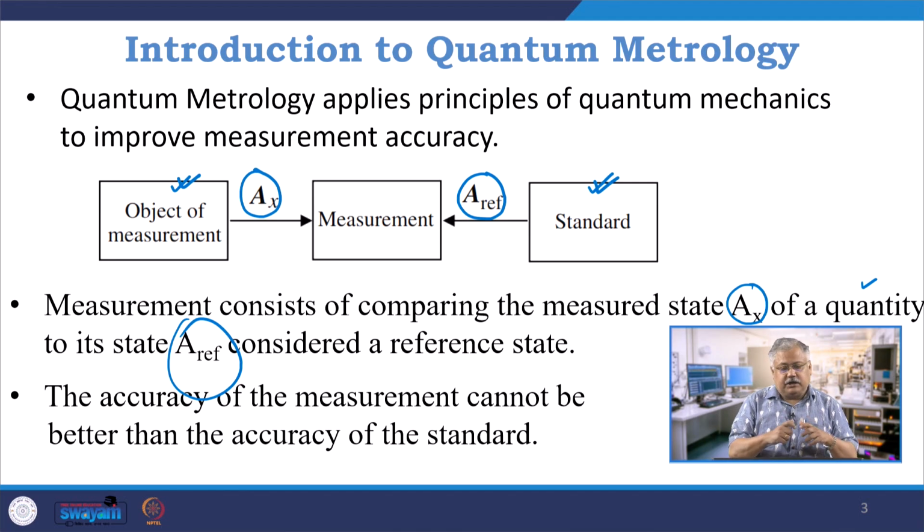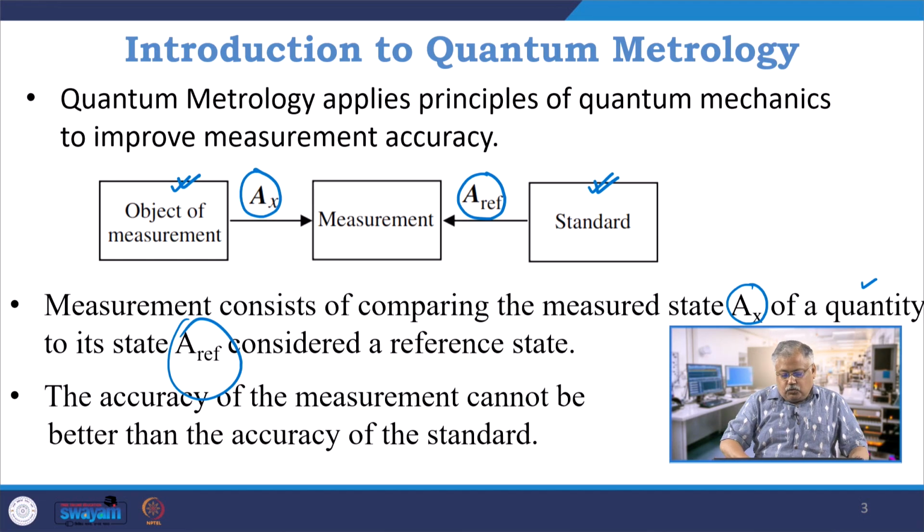Or, on a linear scale, I have a scale of length 1 meter, and with respect to that I try to measure the object of measurement. Obviously, the accuracy of the measurement cannot be better than the accuracy of the standard. So, the standard will have the best accuracy, but the object of measurement should be as close to the standard as possible.